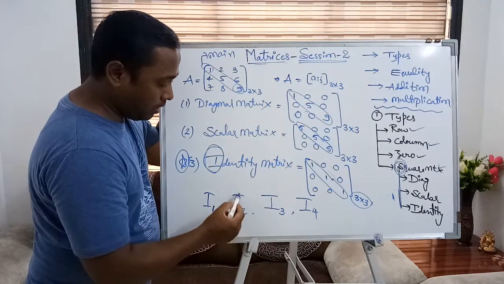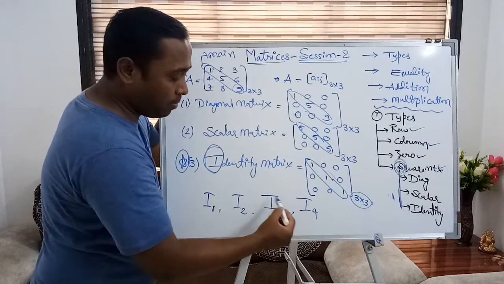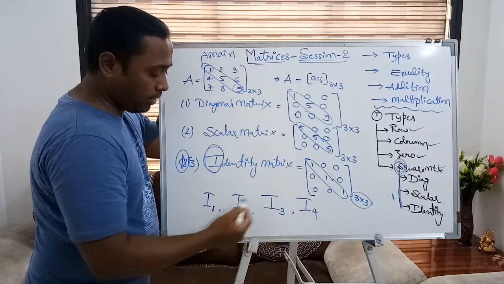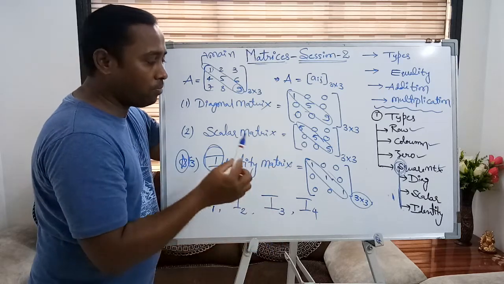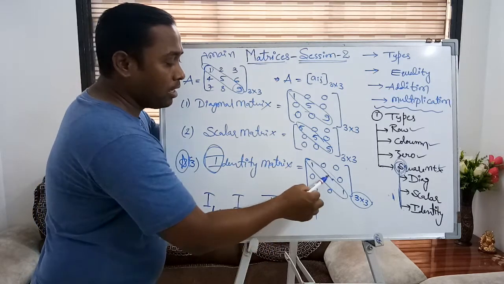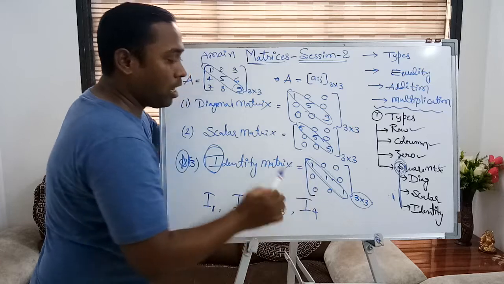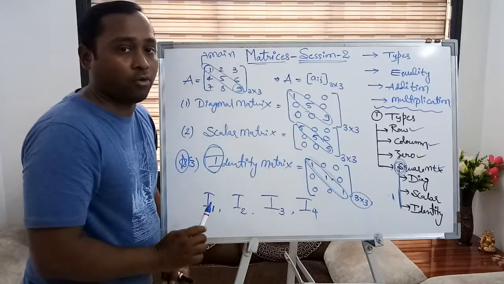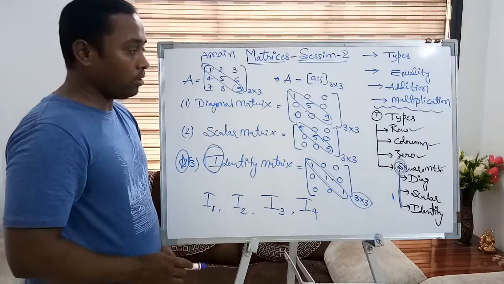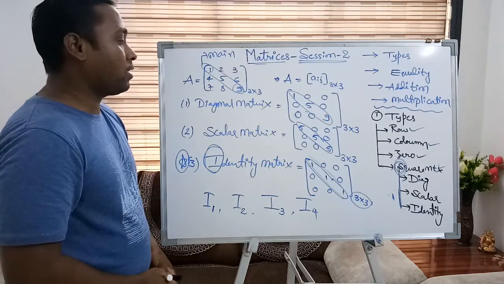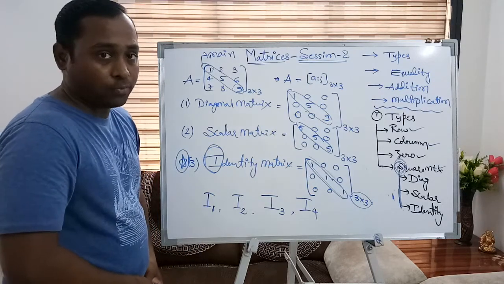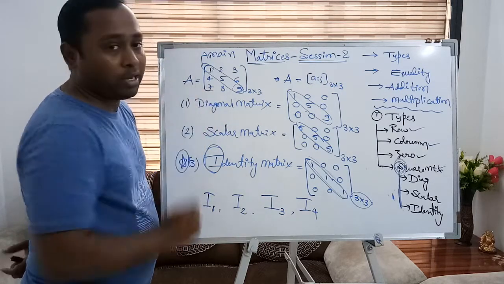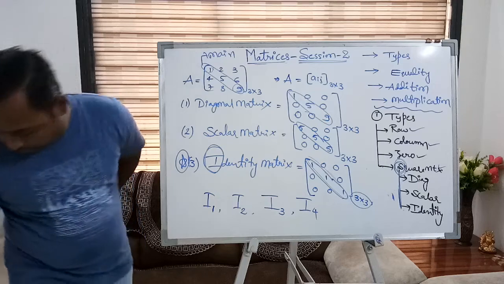Irrespective of its order, the main key point is that all diagonal elements are unity. It should be one only, there will be no element other than one. These are the types of square matrix specifically, because all these kinds come under the square matrix category.